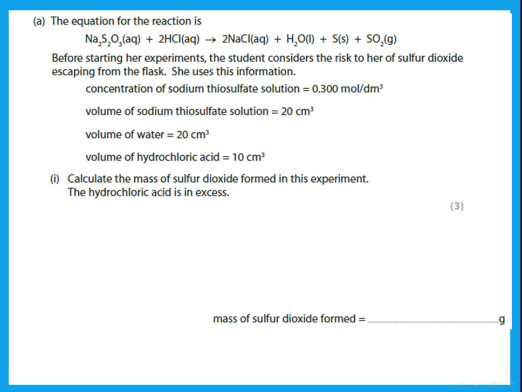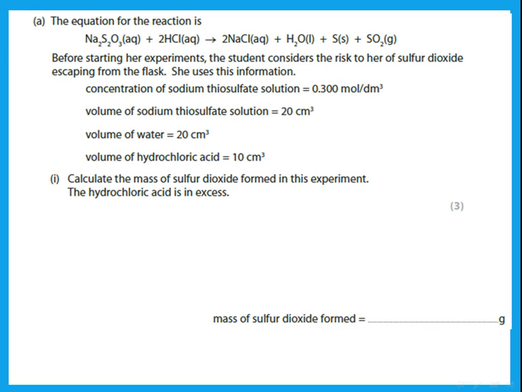Okay, the equation for the reaction is this. Again, we said when you put sodium thiosulfate with acid, it gives sulfur, which forms a yellow precipitate, and that makes your reaction cloudy.